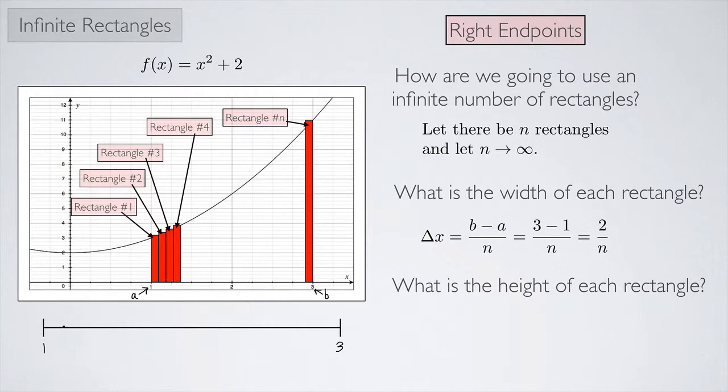So if I start over here, the first rectangle maybe would be right here, and then the second one would be right here, and then the end of the third one would be right here. And remember, I'm using right endpoints, so it's these locations that determine the height. So this rectangle that would extend up here, this is the part that determines the height, the right end of the rectangle.